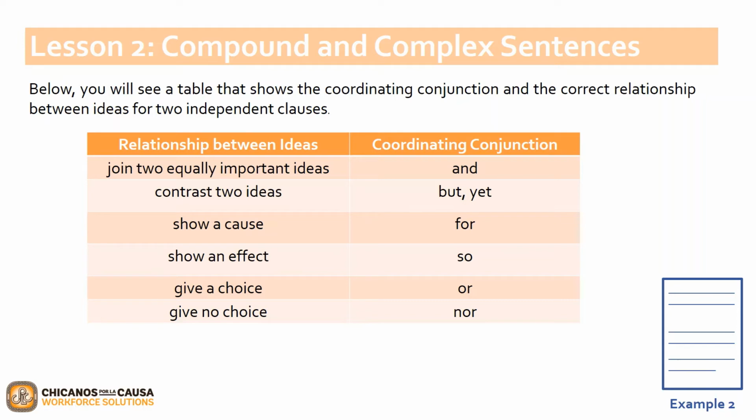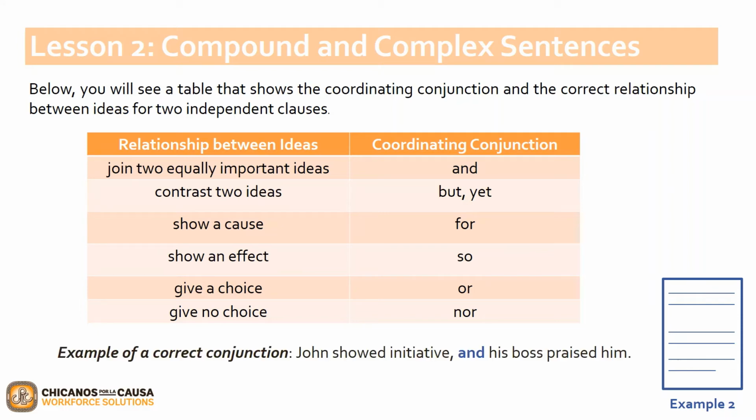And the coordinating conjunction for this would be the word or. For the sixth row, it says give no choice. The coordinating conjunction for this would be the word nor. An example of a correct conjunction would be, John showed initiative, comma, and his boss praised him.